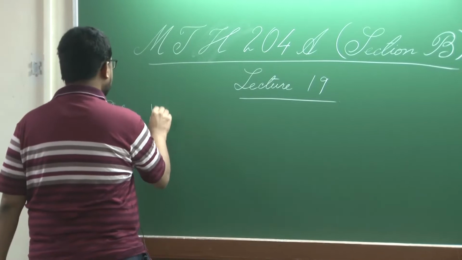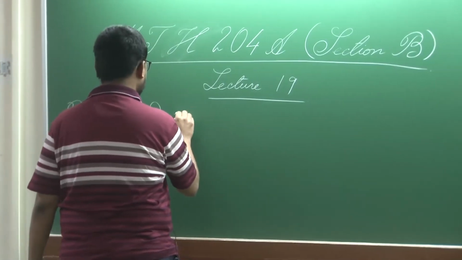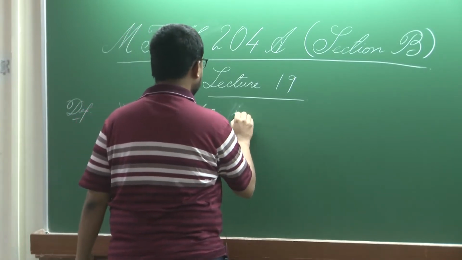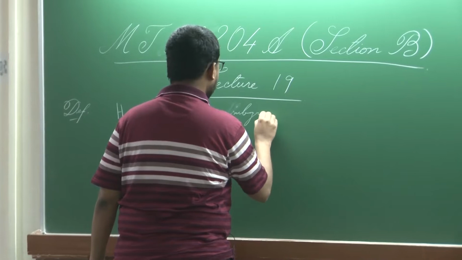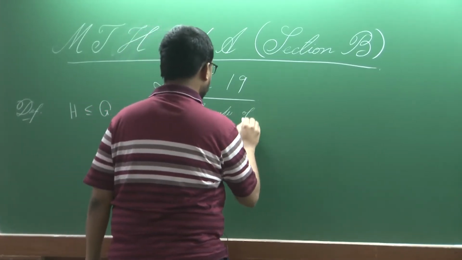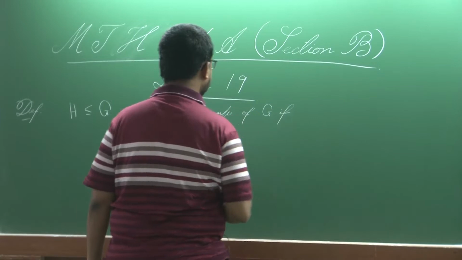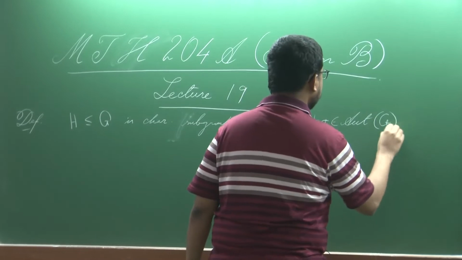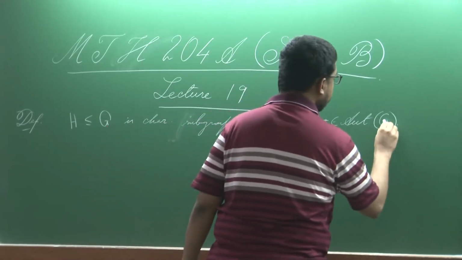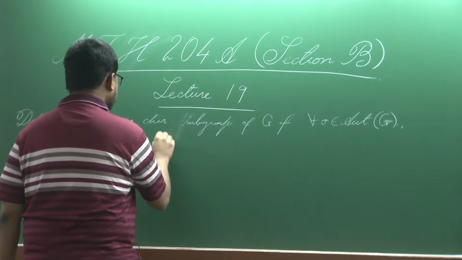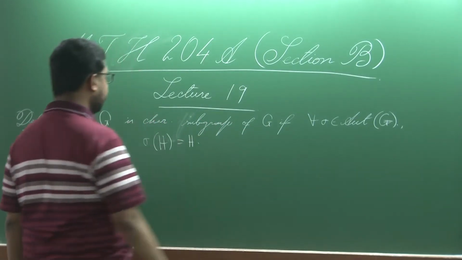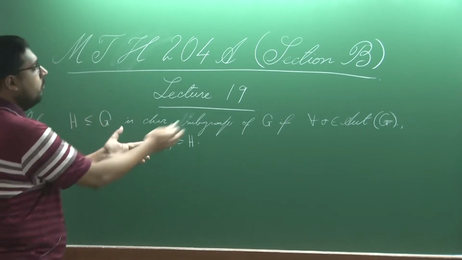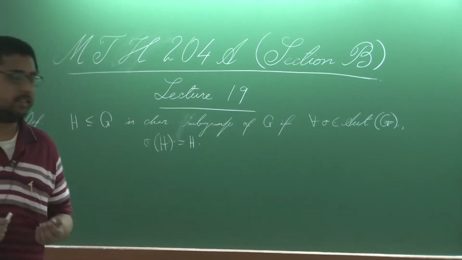Given a group G, a subgroup H is said to be a characteristic subgroup of G if H is invariant under every automorphism of G, that is, if for every sigma in Aut(G), sigma(H) = H. If a subgroup is invariant under all automorphisms of G, then we call it a characteristic subgroup.